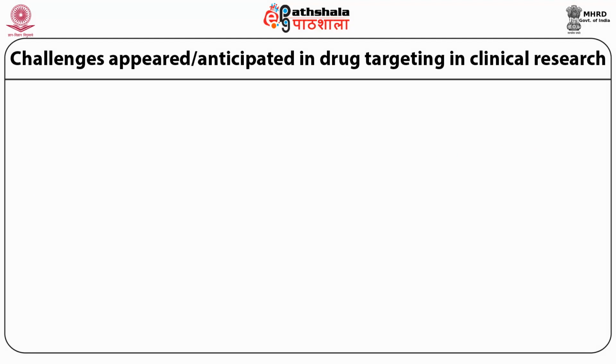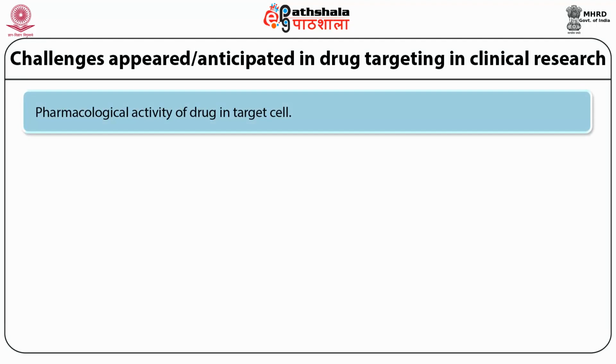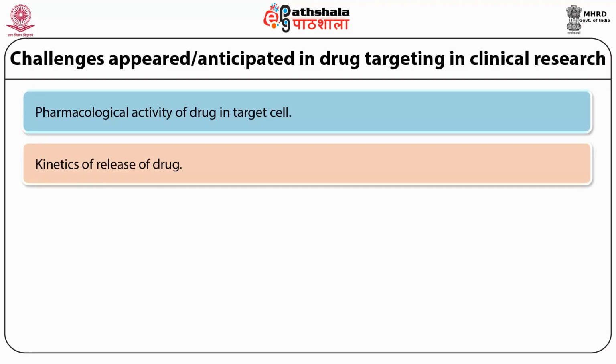Further, you also have to ensure that the drug has pharmacological activity, because there are chances when you are encapsulating the drug into any nanocarrier, the drug could lose its therapeutic activity. So you will have to evaluate the drug for pharmacological activity, as well as the kinetics of drug release.